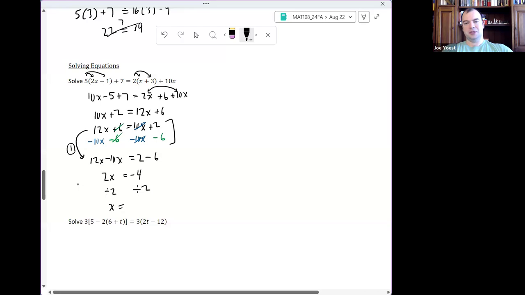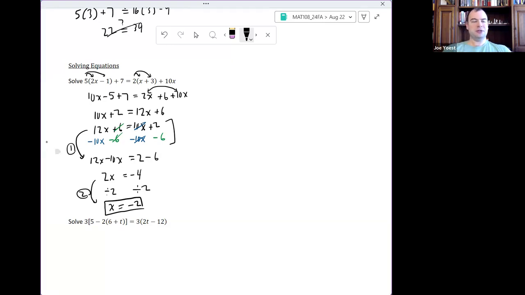So x equals negative 4 over 2, which is negative 2. So this was my second equation solving step. If you wanted to break this first step into 2 different steps, no problem. You could get the x's on one side first, simplify everything, then get the numbers on the other side, simplify everything, then divide. No problem with doing it that way.